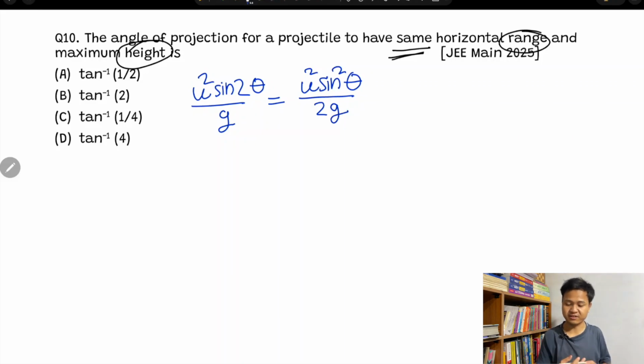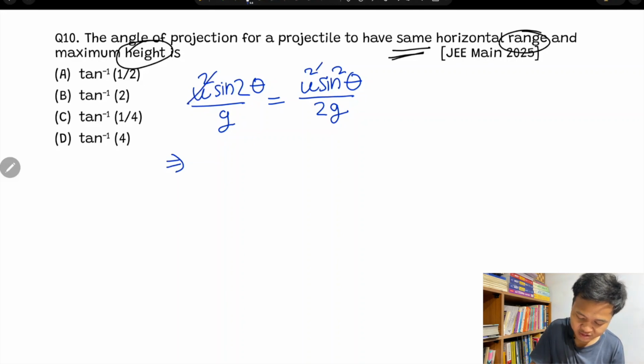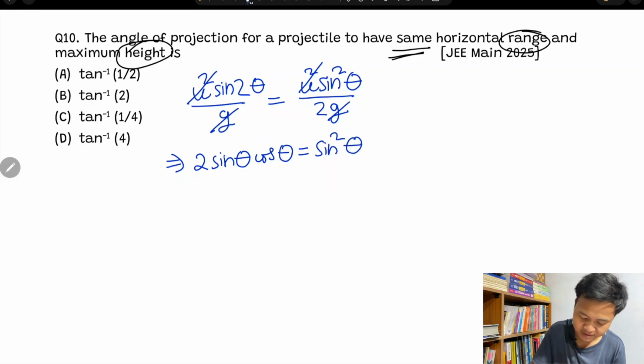Okay, so this is given. Now just solve this one. Okay, u square gets cancelled out, g gets cancelled out, sine 2 theta I can write as 2 sine theta cos theta equals sine square theta. One sine theta gets cancelled out.